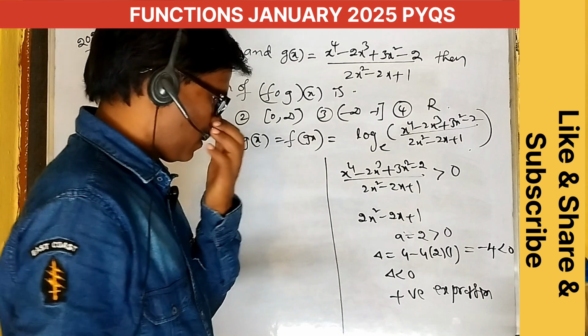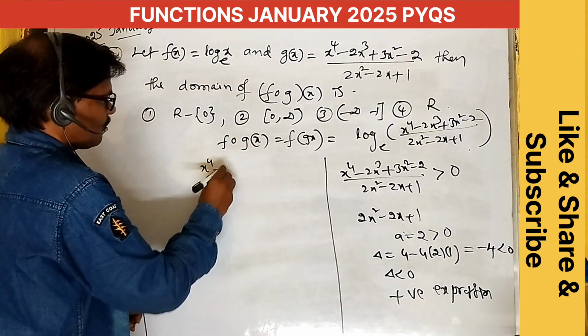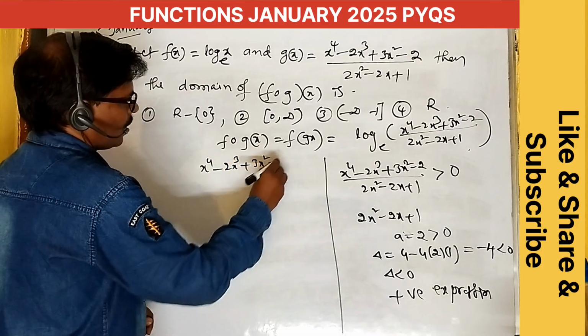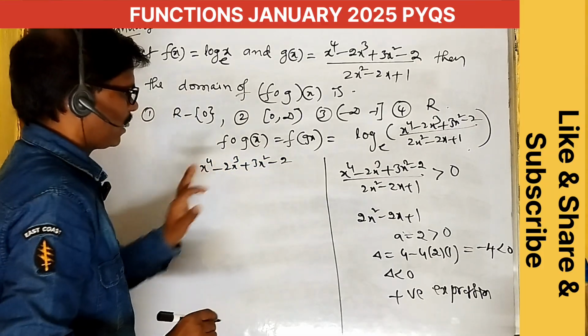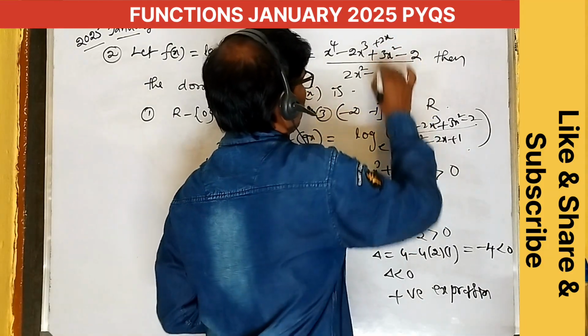Okay, check once here. Here x power 4 minus 2x cube plus 3x square minus 2. This is plus 2x, plus 2x also is there in the question.